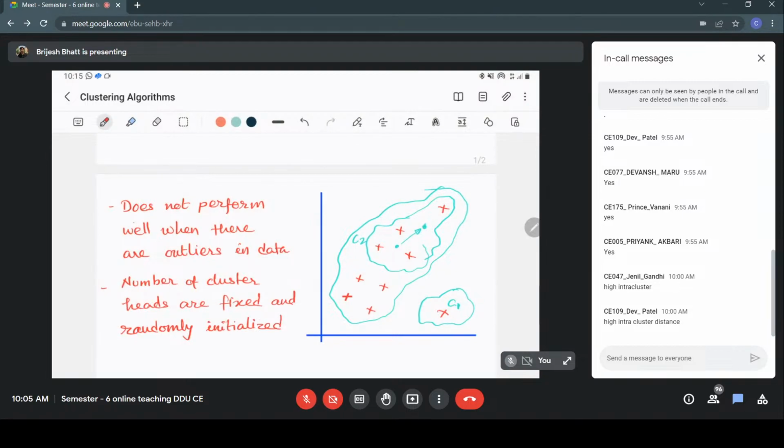The number of cluster heads is fixed and randomly assigned. These are the two main limitations of the K-means clustering algorithm. Now we'll see how to address them.